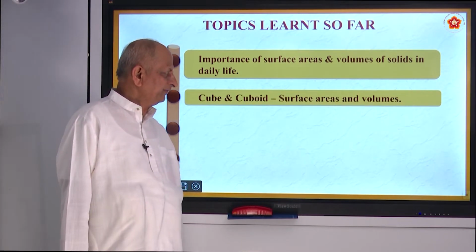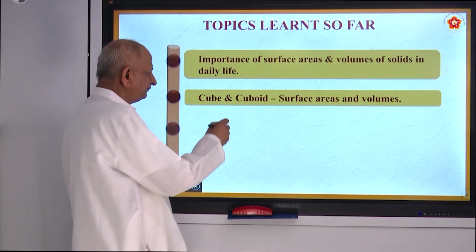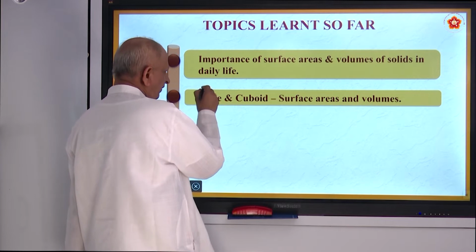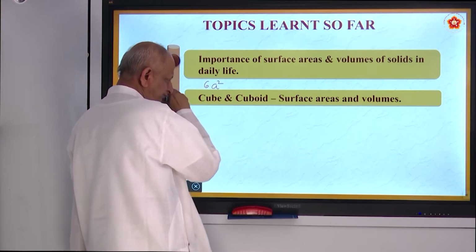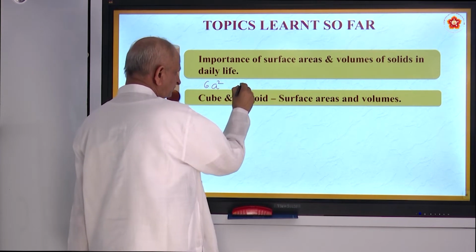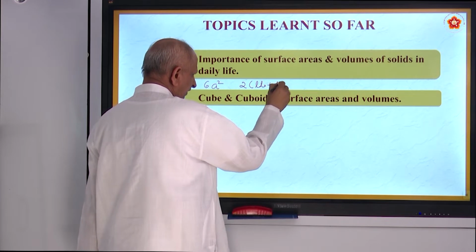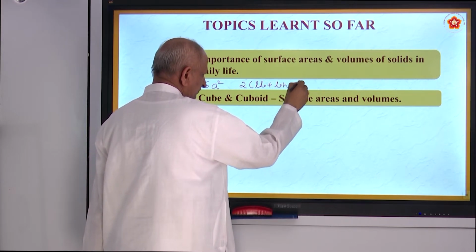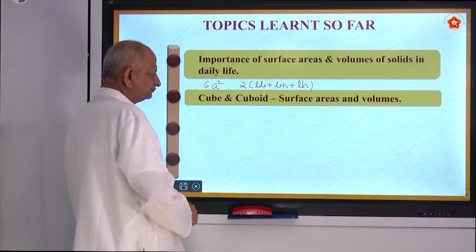And we have seen the formulas for cube and cuboid surface area. Surface area of a cube is 6a square if a is the side. Cuboid is 2 into LB plus BH plus LH, so much of square units.